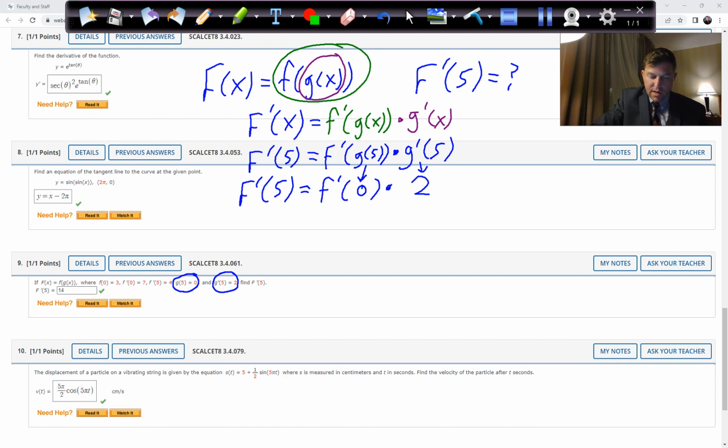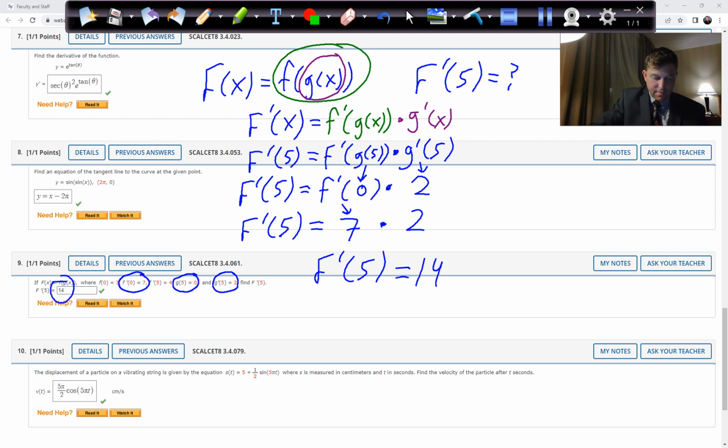Now we just need to know what f prime of 0 is. f prime of 0 is given to us as 7. So this whole thing is 7 times this 2 here. So f prime of 5 is 14. Okay, so just use your outer and inner derivatives and then replace your x with what number they give you, and then just look at these values and replace them with numbers.